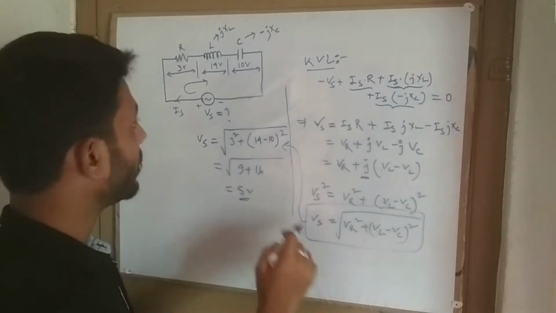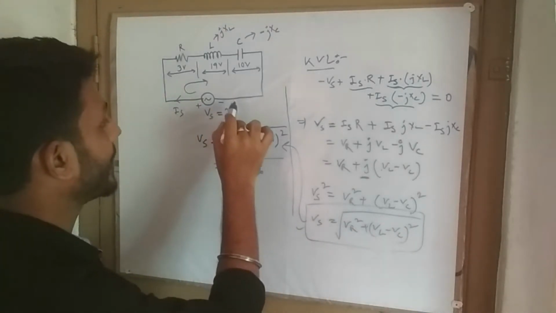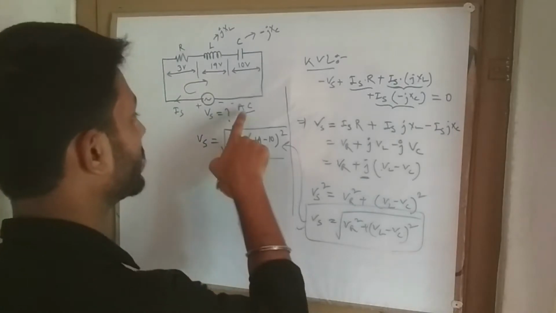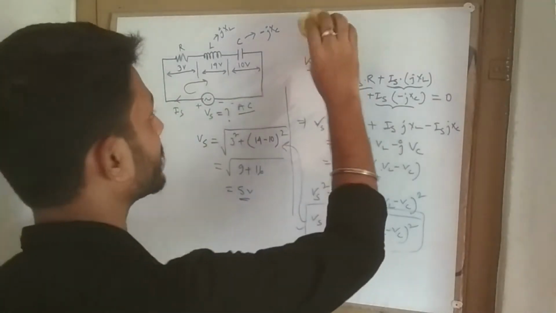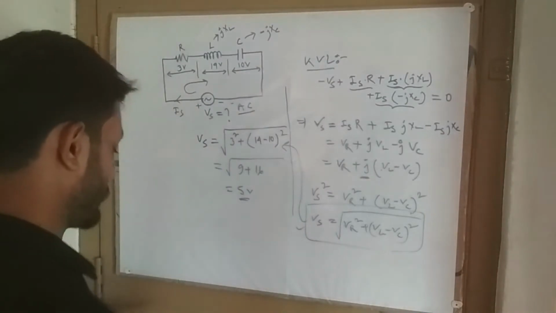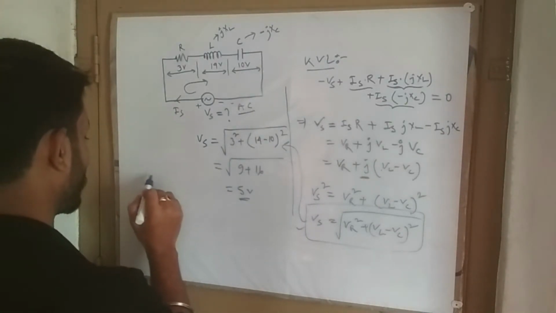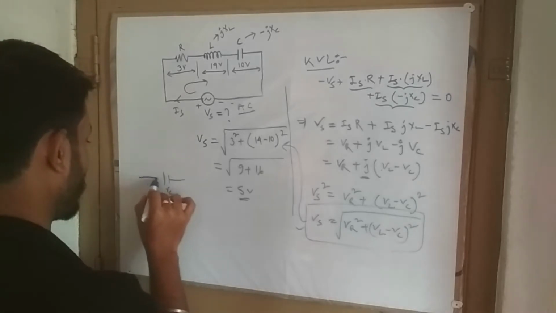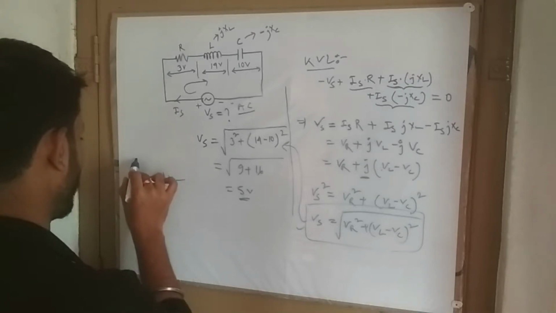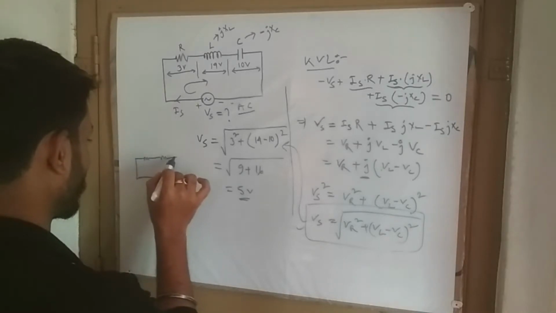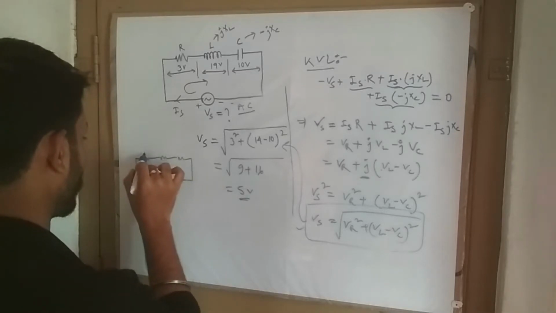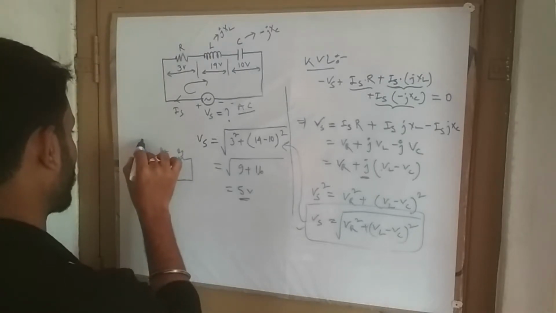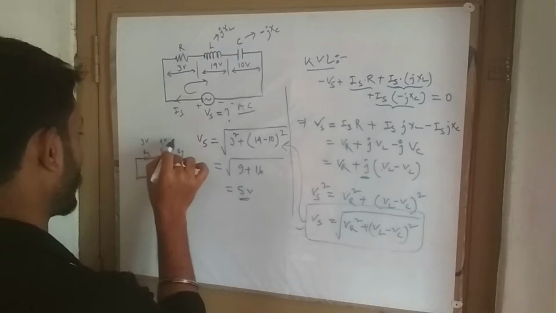This is happening because here the supply voltage is AC. Generally, what if the supply voltage would be the DC value, then it will be like this. Suppose this is the supply voltage and there are multiple resistances R1, R2, R3, and the voltage drop across this is 3 volt, this is 4 volt, and this is 5 volt.